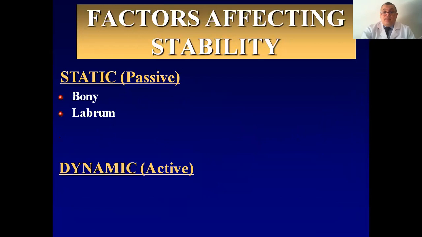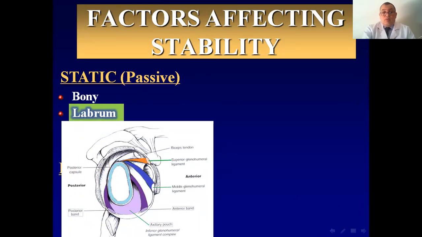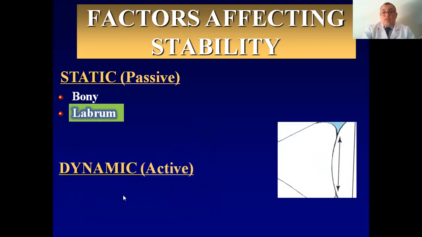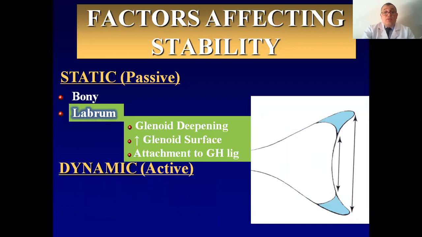The second static factor is the labrum. The labrum is formed of a fibrocartilage structure attached to the edges of the glenoid. The labrum adds to the stability of the shoulder by first deepening the glenoid.